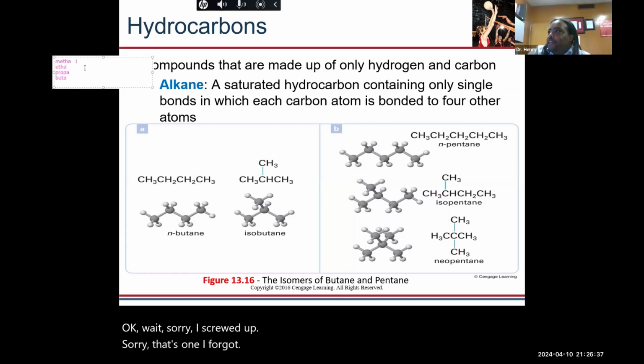Meth is 1. Eth is 2. Prop is 3. It's late. But is 4. Pent is 5.